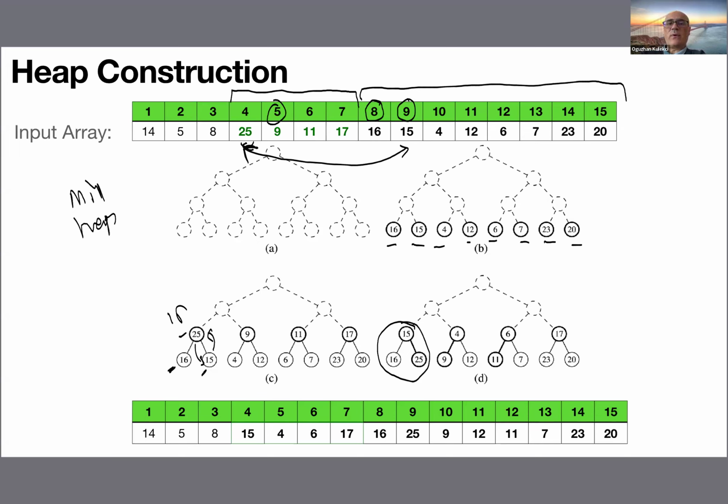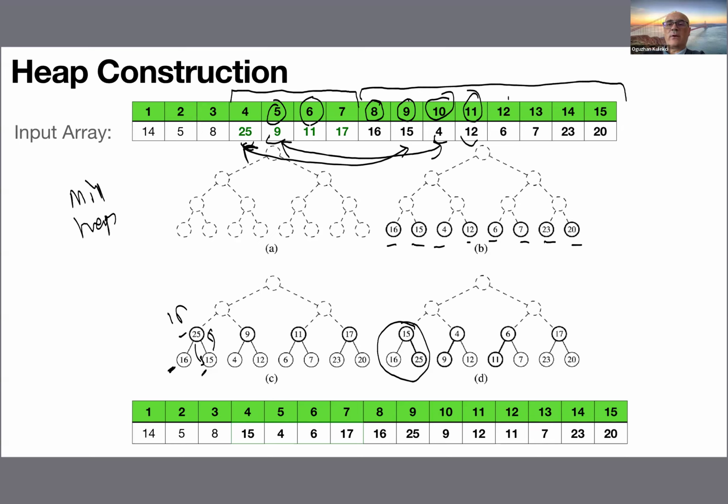For position 5, who are the children of position 5? They are at position 10 and 11. And I check 9 with 4 and 12. So trivially, 4 should be moving to that position, which means these two guys should swap. Then you do the same thing for 6.